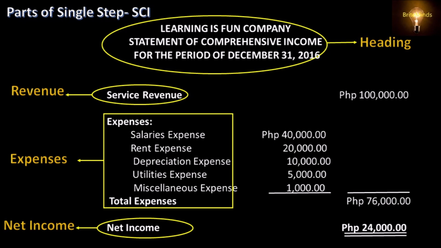The net income is derived by subtracting the expenses from the revenue. So we know that it is net income if the revenue is more than the expenses, and it will be a net loss if the expenses are more than the revenue.